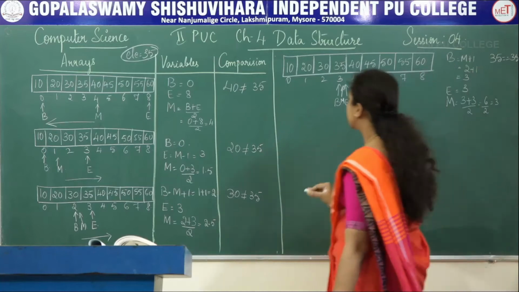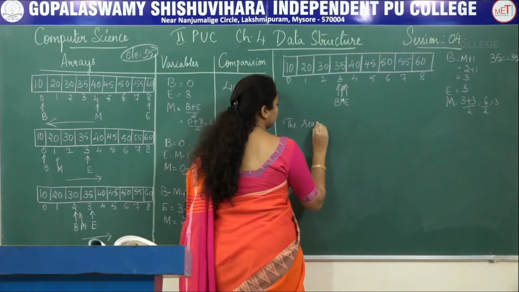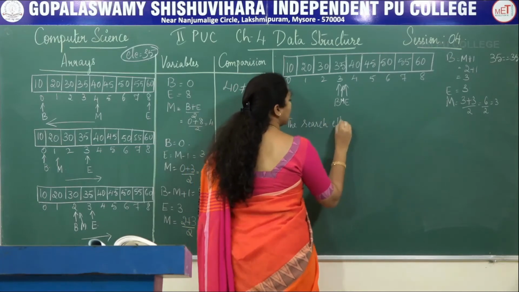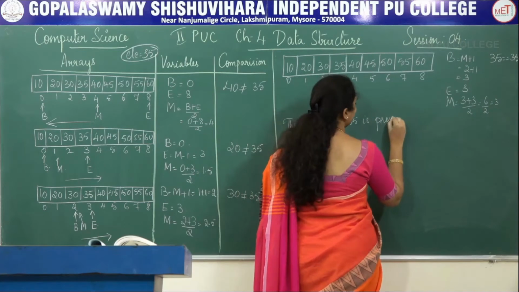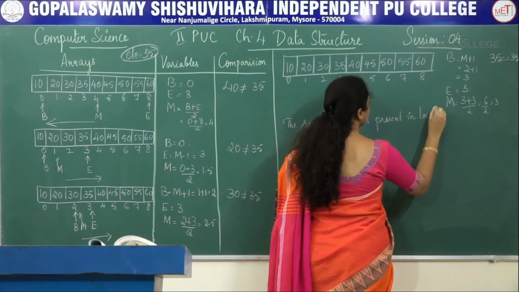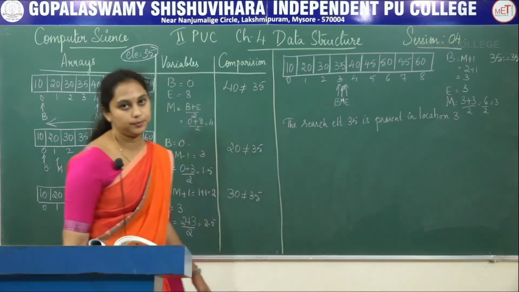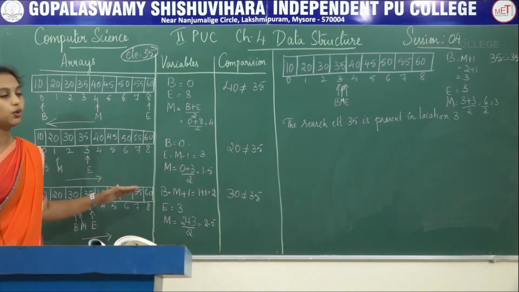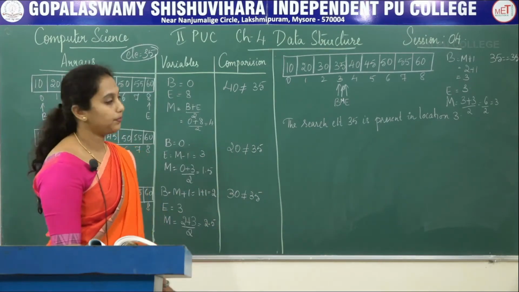Hence the search element 35 is present in location 3. So this is how we have to trace an array using binary search.